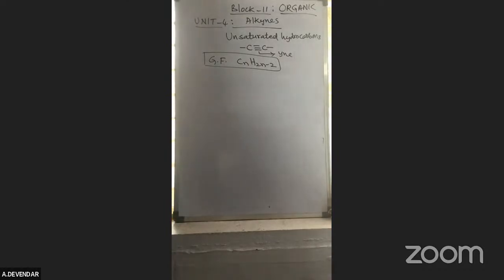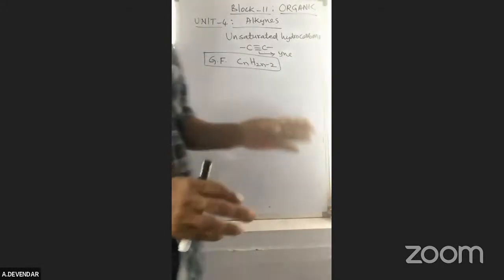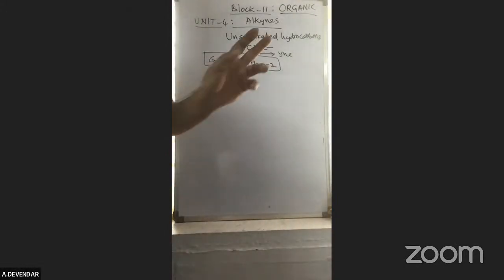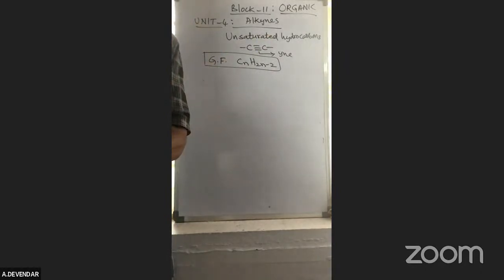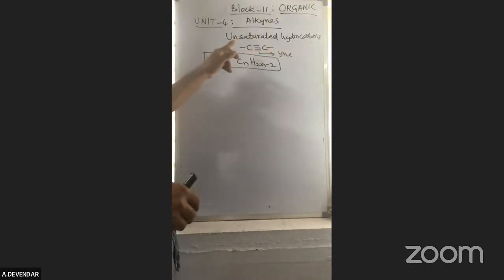Anybody know from the first semester? Position isomerism. Yes, position means only the position will change. Functional group changes are called functional isomerism. When the position of the element or group changes, it is positional isomerism.